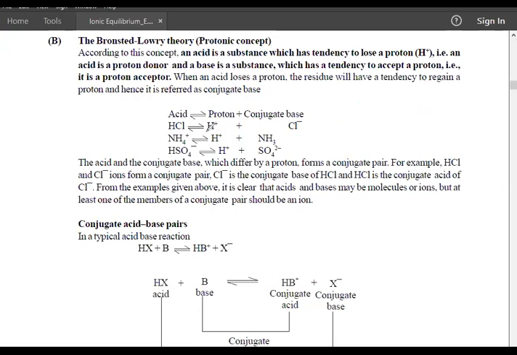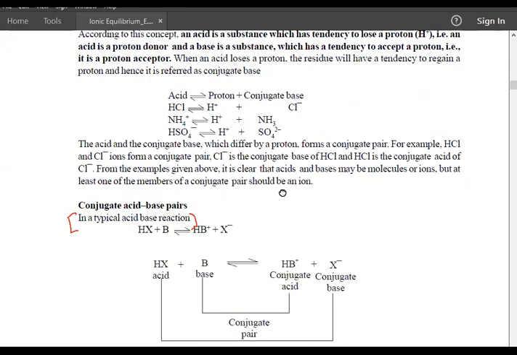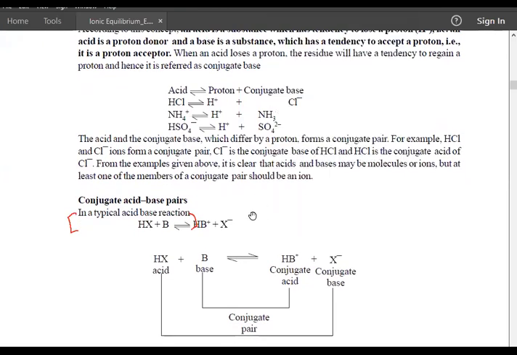Now think about this. This Bronsted-Lowry concept gave us the idea about conjugate acid and base pair. What is the meaning of conjugate acid and base? Just see this. Here we have HX, which is certainly an acid, and B, which is your base.